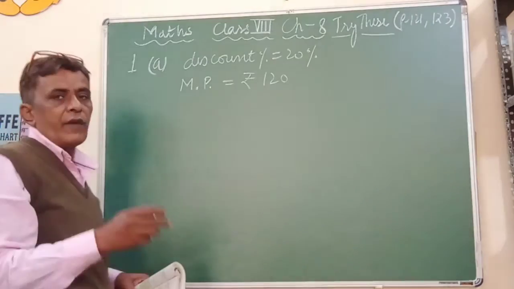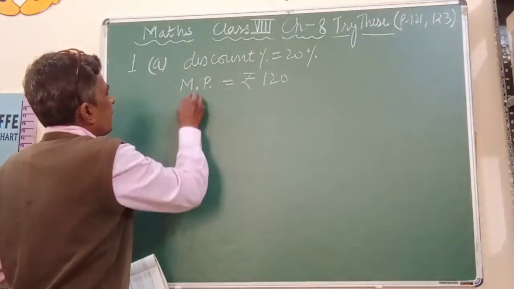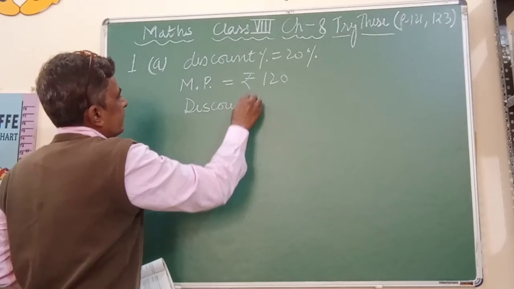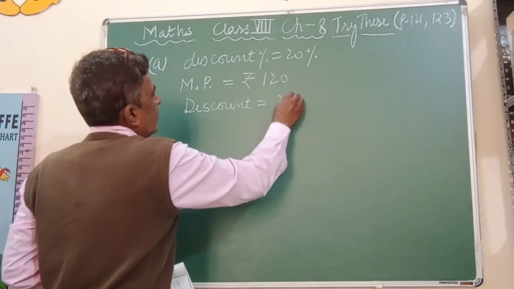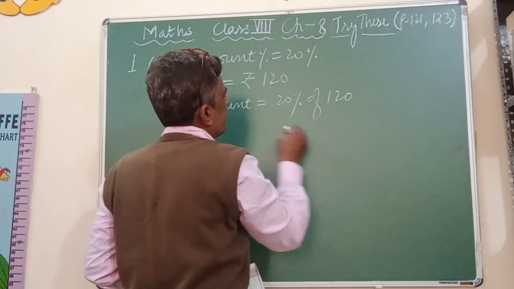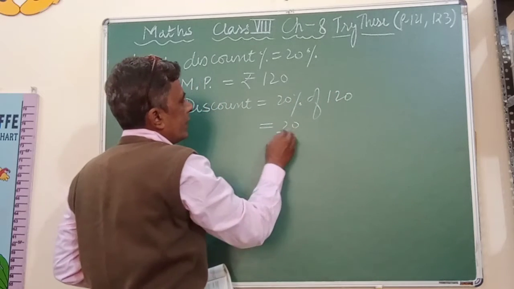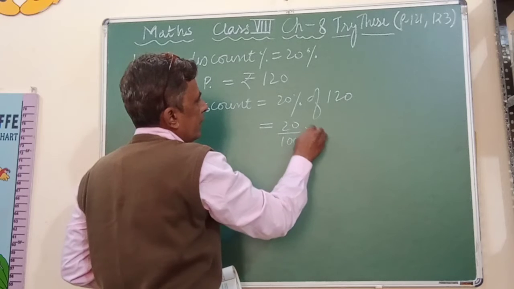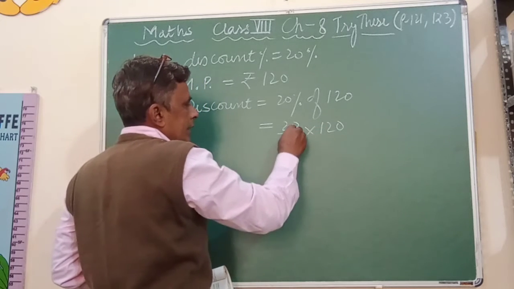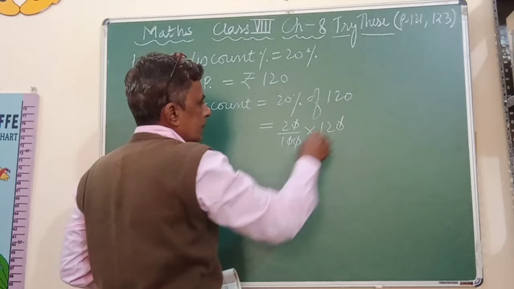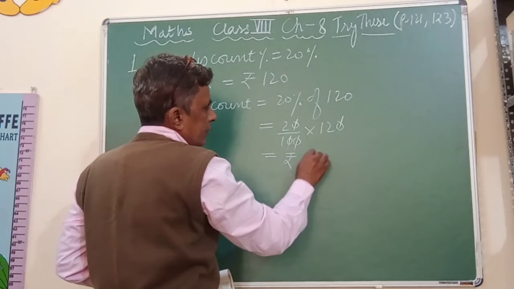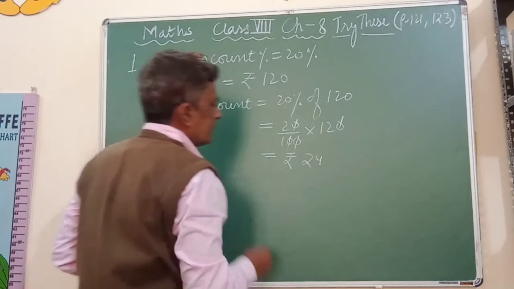For that we have to find the discount. Discount is equal to 20% of 120 is equal to 20 upon 100 into 120. We will cancel the zeros and we get rupees 24.